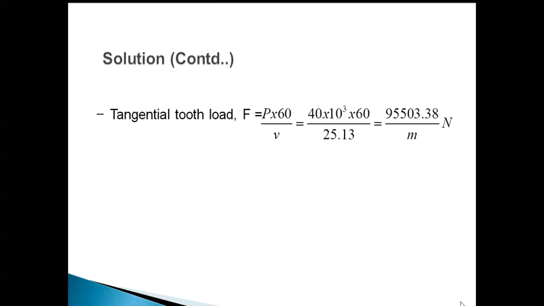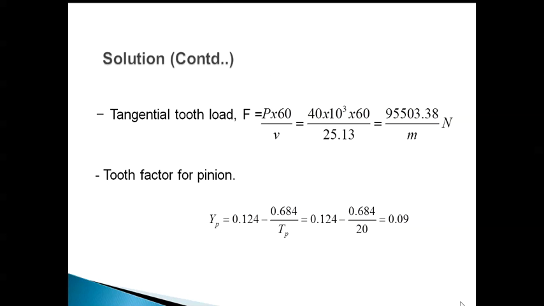So the tangential tooth load F equal to P into 60 by V into CS. If it is given as steady load, we can take CS as 1. So P is 40 into 10 cube into 60 by 25.13 m, which is equal to 95,503.38 by m newtons, the tangential tooth load.